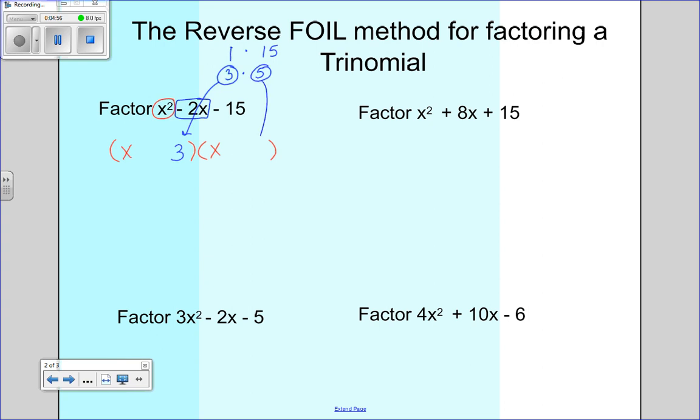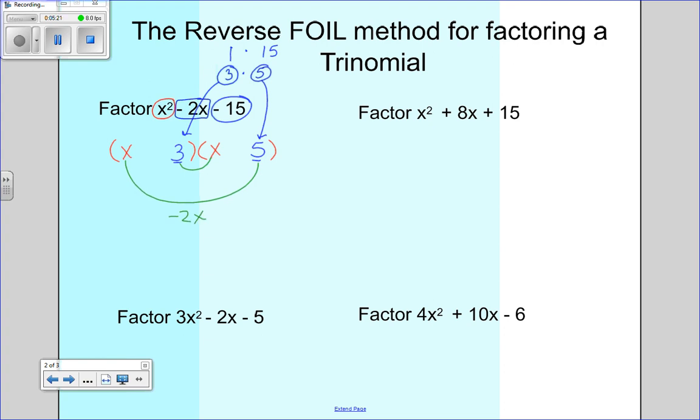And the 5 is going to go right here, because 3 times 5 has to equal 15, but it's got to equal a negative 15. So we need a negative on either the 3 or the 5, but we've also got to do it in such a way that my inside added to my outside is going to add up to a minus 2x.